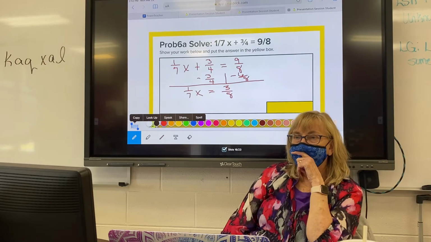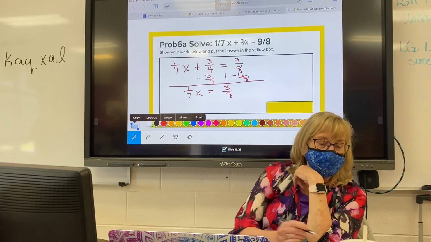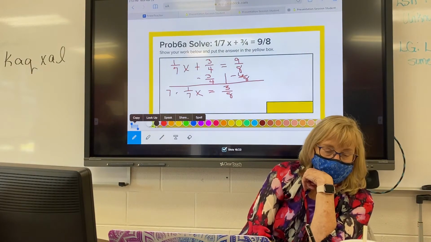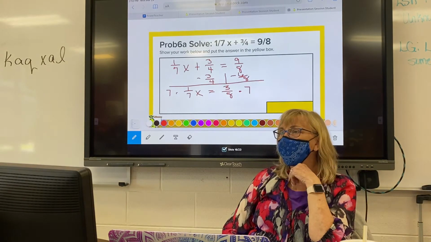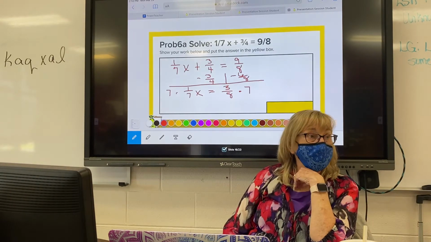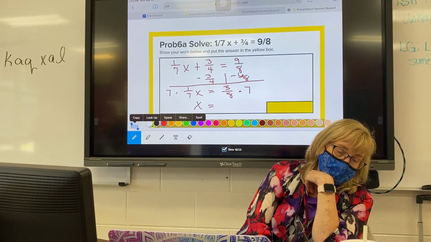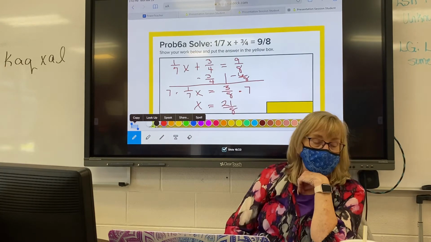Now what? Okay, I can divide by 1/7, but can I take a shortcut and multiply by 7? Sure. Is that the same thing as dividing by 1/7? Y'all see that now? Okay, so this becomes X, and this becomes 21/8. Can we just leave it that way? Sure.